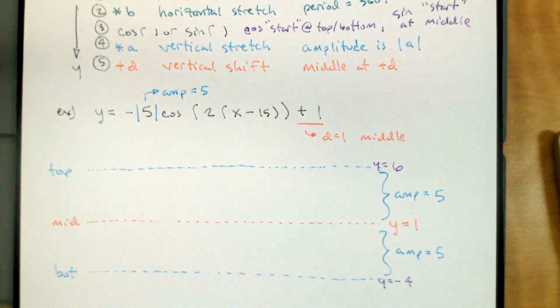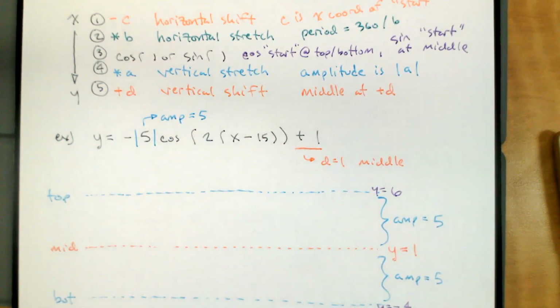Next, we want to start looking at horizontal stuff. If we just go one step up on the list, we started off at the vertical shift and the vertical stretch. Now we can look at whether it's positive or negative, cosine or sine. In this one, we have negative cosine.